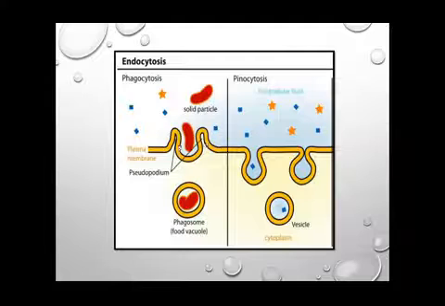It starts forming these finger-like projections, and these are known as pseudopodia. So these finger-like projections start engulfing this food material. Okay, and then after encircling the food material, the food material enters inside the body of the amoeba, and the whole thing is known as food vacuole.